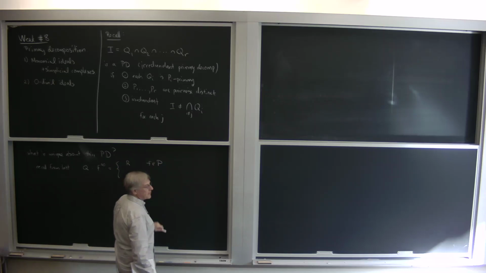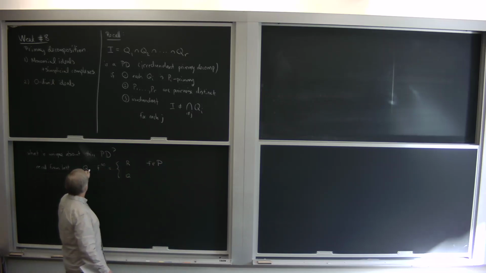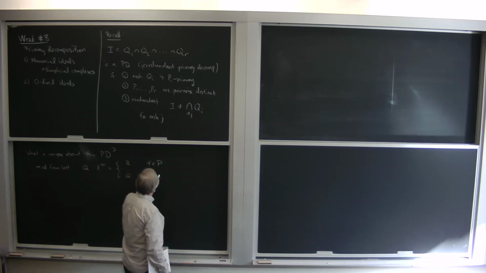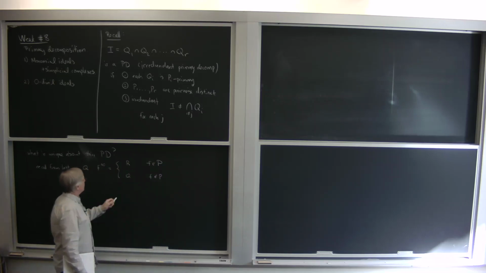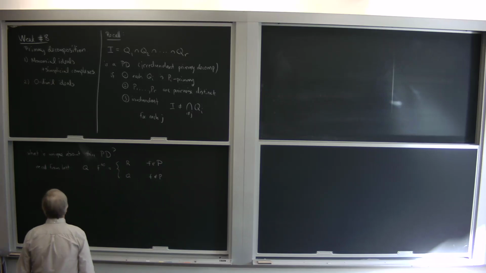It's actually for any f in the prime P, right? Because some power of it will be in Q, and then consequently that's going to be it. And if f is not in P, then since Q was primary, we would get just Q on its own. There would be no possibility of change. Okay, so this is pretty good.